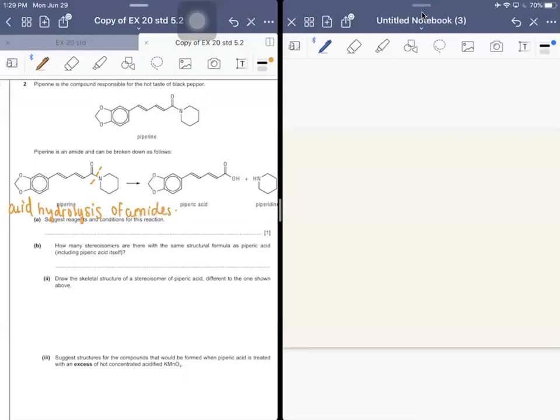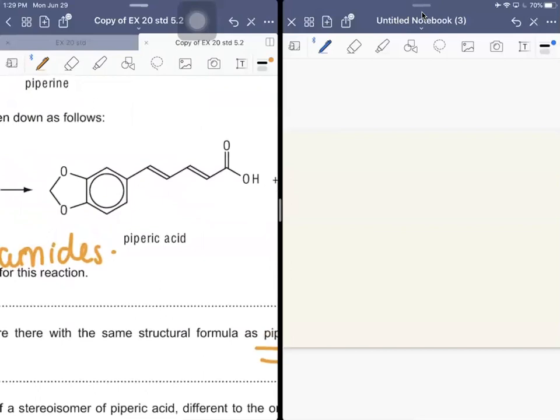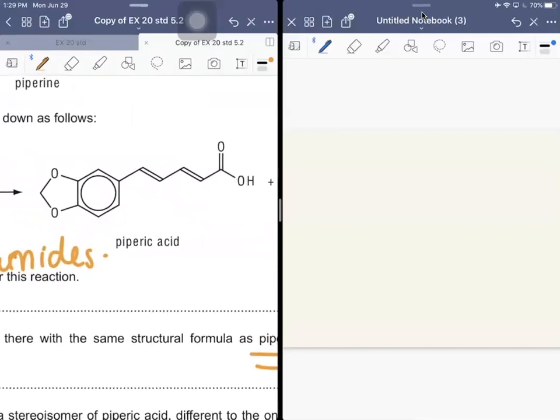How many stereoisomers are there with the same structural formula as piperic acid? So I'm interested in this structure, piperic acid. Stereoisomers can only be cis trans, in which case you have a C double bond C with different substituents attached to each carbon.